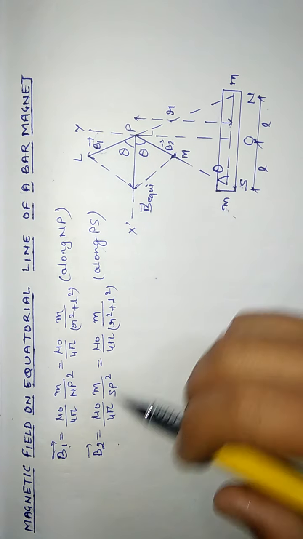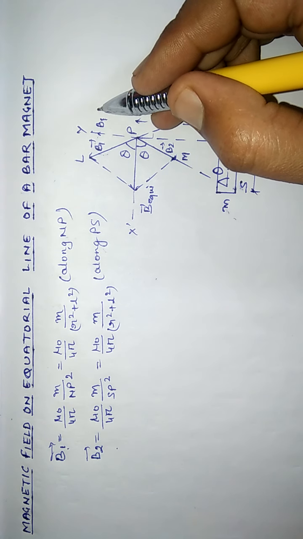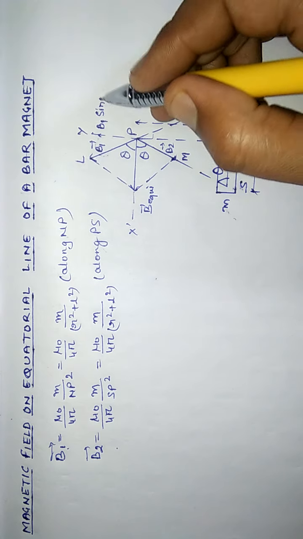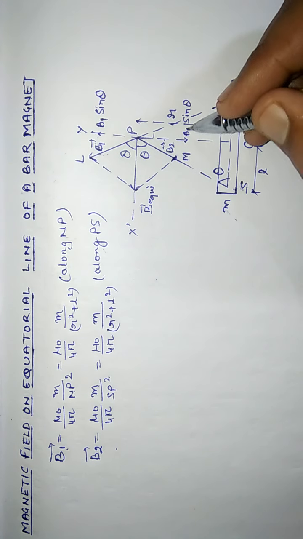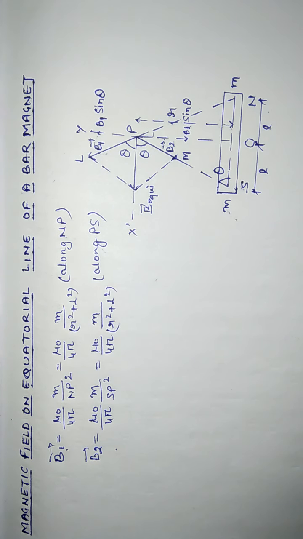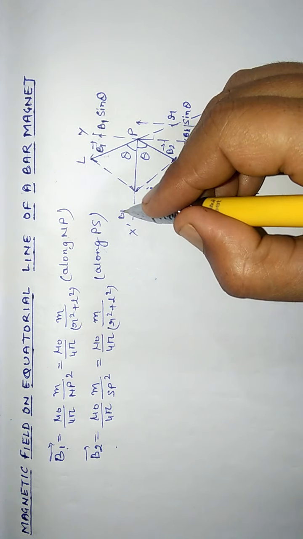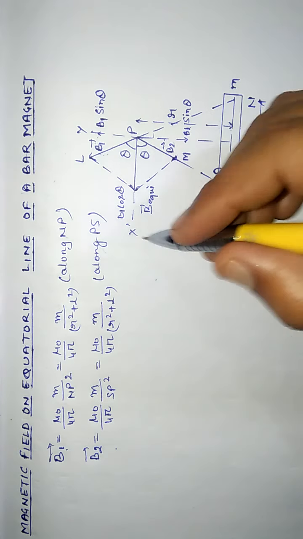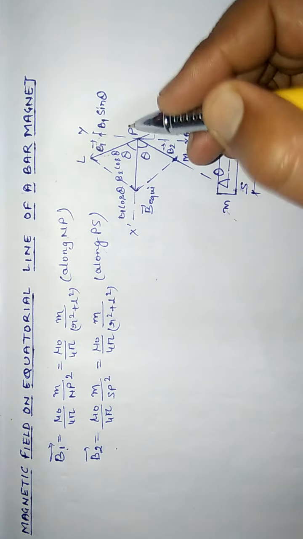Because the values of B1 and B2 are the same, their vertical components, B1 sin theta and B2 sin theta, will cancel each other, and their horizontal components will be B1 cos theta and B2 cos theta.